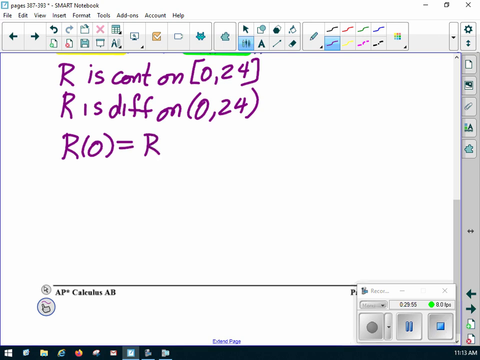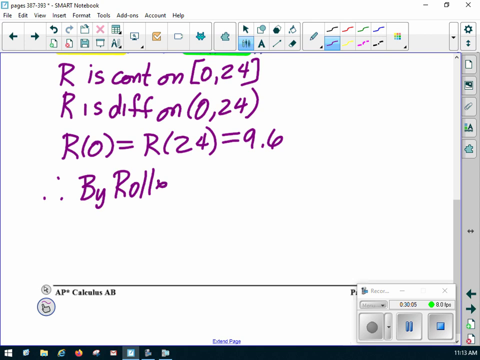R of 0 equals R of 24. They're both 9.6. So by Rolle's theorem, there exists some, did it say find a t?